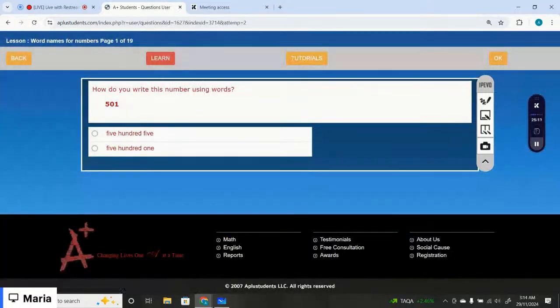How do you write this number using words? 501. How do we write?